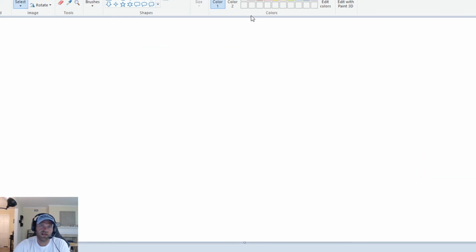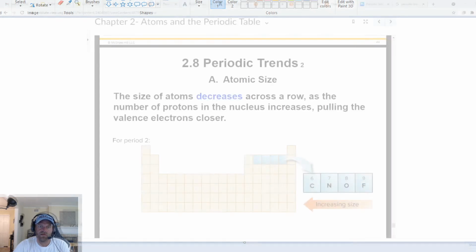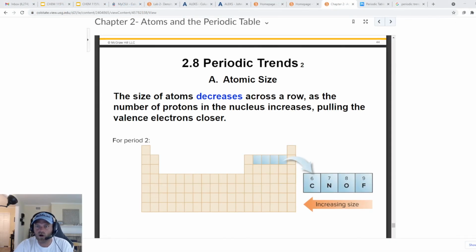This is getting to be a lot of drawing. Okay, so let's just do 2 different atoms from the periodic table. Carbon and nitrogen. So decreases across a row, but increases top down.